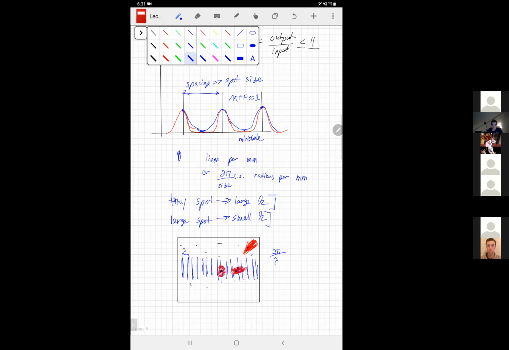Now, any mistakes, you notice how I didn't draw these lines perfectly because I'm a bad artist? Well, if I'm a bad artist, all these little jagged, shaggy things, you tell me, are those going to modify the image at spatial frequencies much bigger than 2 pi over the mark spacing, or much smaller than 2 pi over the mark spacing, or at 2 pi over the mark spacing?